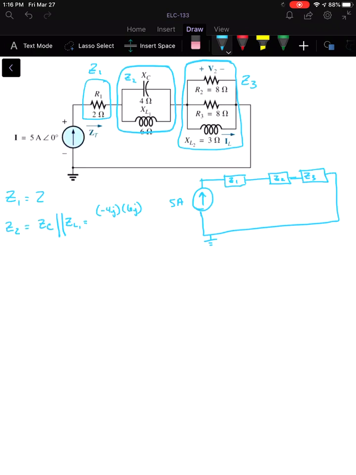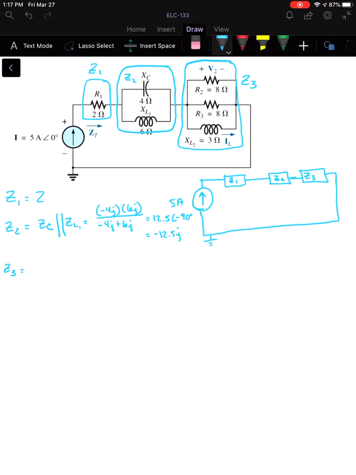So we've got negative 4J times 6J over negative 4J plus 6J, so that should give me about negative 12.5J, or 12.5 at negative 90 degrees, or negative 12.5J, whichever form you want that in.